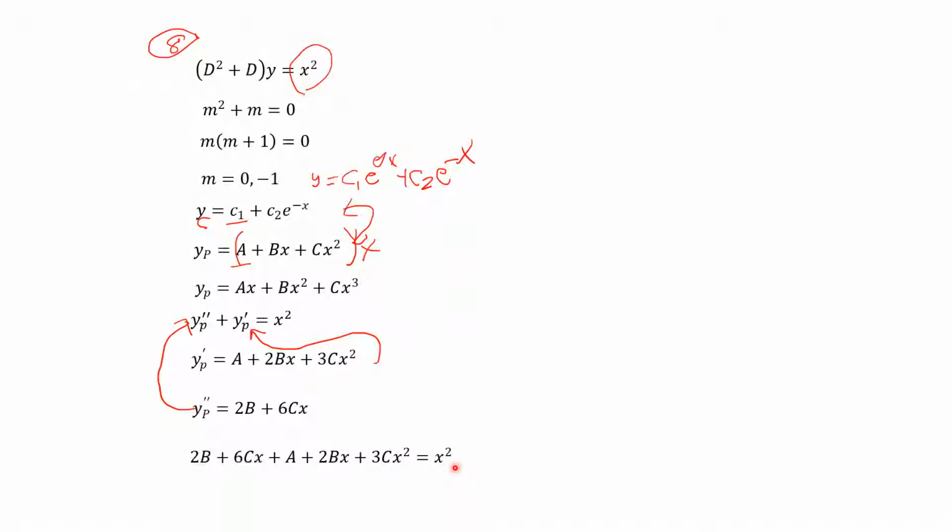You will have to equate coefficients of like powers. Okay, arrange the constants, that is a and 2b is there. Arrange the x, this is 6c and 2b there, and arrange the 3cx squared, this is 3cx squared is x squared. Now, equate coefficients of like powers.